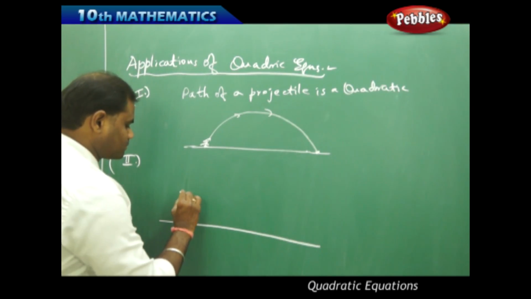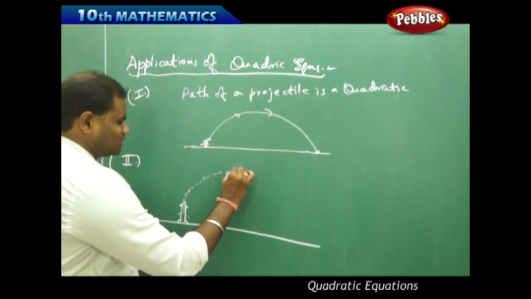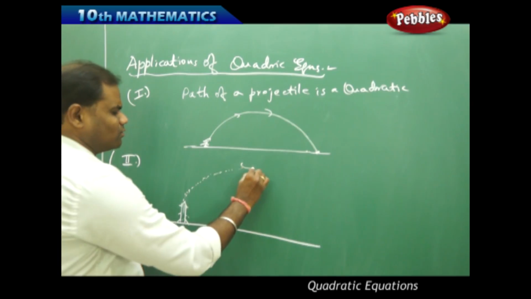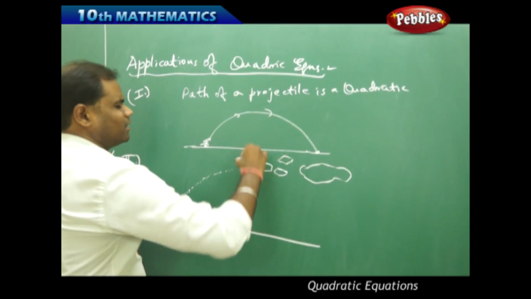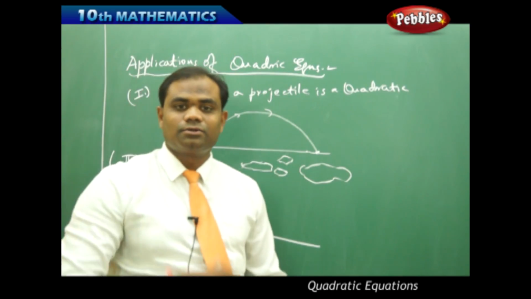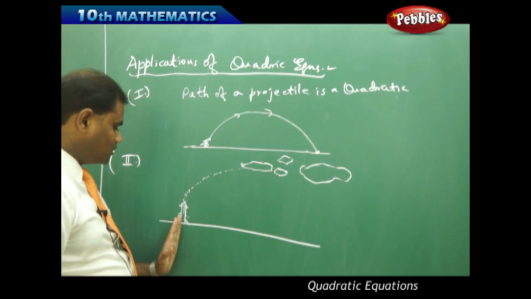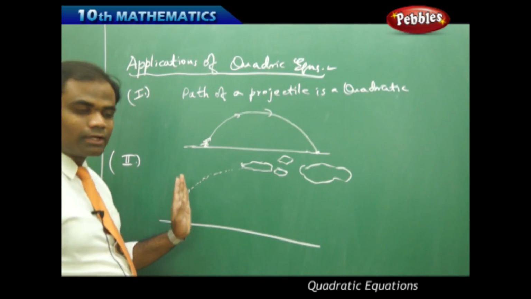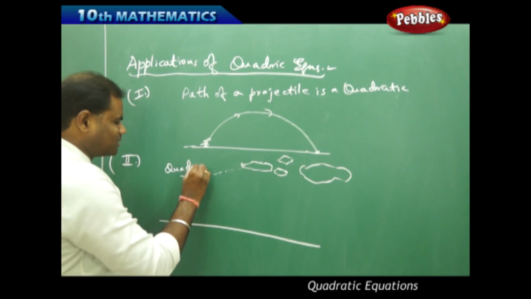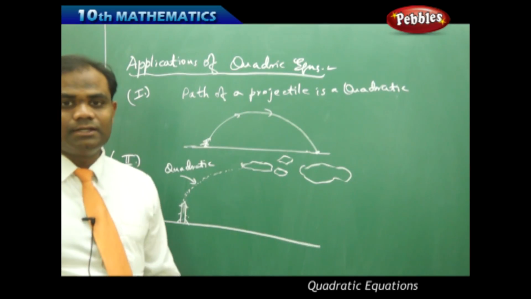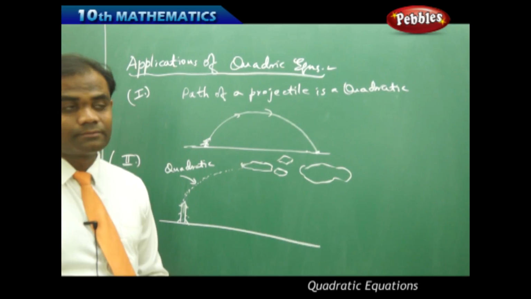It goes like this into the sky, and then goes outside of the sky, crossing into space, sometimes to the moon. Therefore, the launching of a rocket, its movement from the ground, can also be represented using a quadratic. This is one way of understanding quadratics in real life.